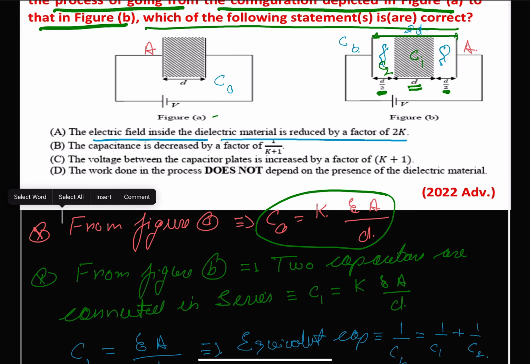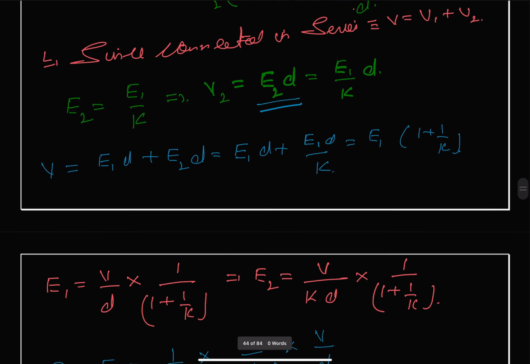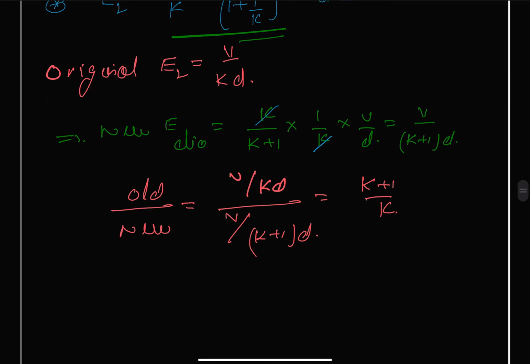So reduction is there, but the factor is not 2K. So option A is incorrect.